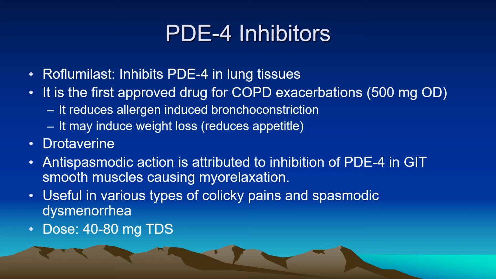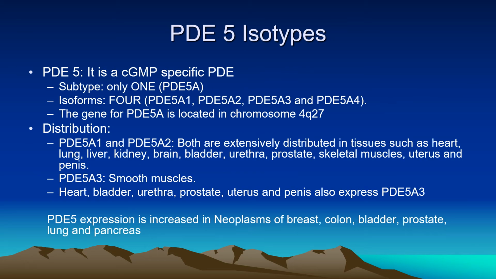Its mechanism of action is inhibition of phosphodiesterase 4 in the GIT smooth muscles, and that causes myorelaxation. It is perhaps the most commonly used drug for this condition, and it is commonly used alone or along with paracetamol and mefenamic acid in the treatment of colicky pains and spasmodic dysmenorrhea in a dose of 40 to 80 milligram 3 times daily. Now let us talk about phosphodiesterase 5 subtypes.